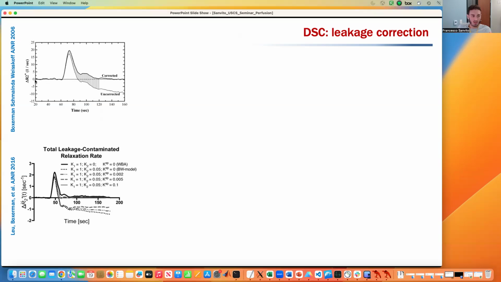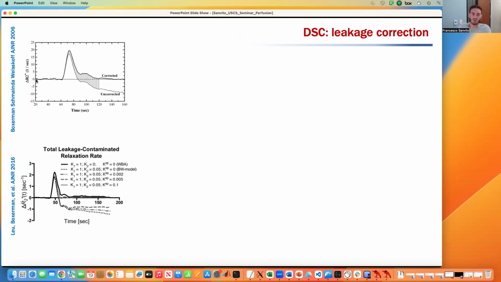What I want to point out is this has to do with the T1 effect and it creates this nonsense of the delta R2* curve becoming negative, so underneath zero. This makes no sense that the transverse relaxation rate over time changes and becomes less than baseline.